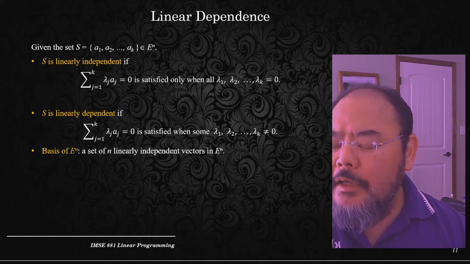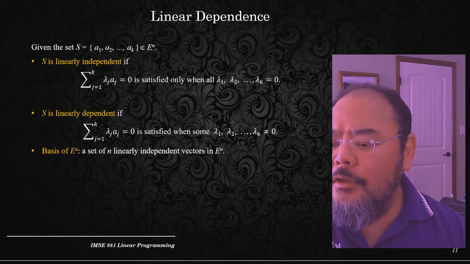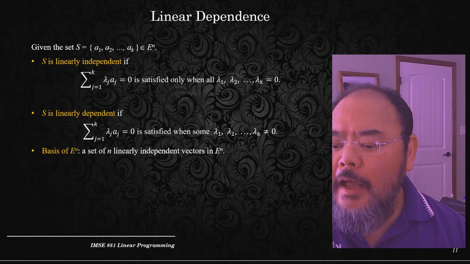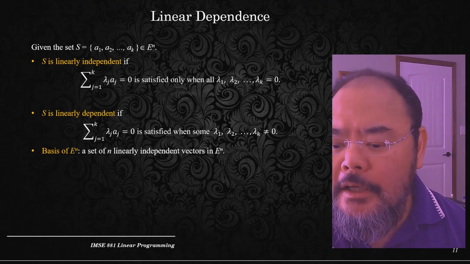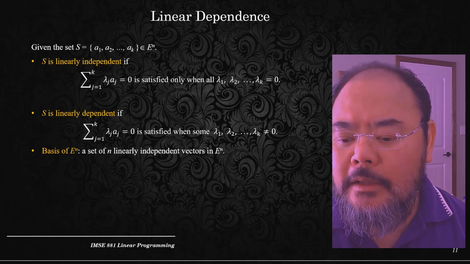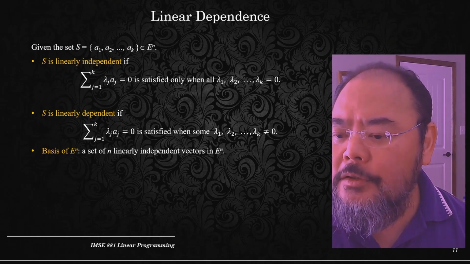So what is that supposed to mean? With these two definitions, we can formally say that a basis of n-dimensional Euclidean space is a set of n linearly independent vectors in n-dimensional Euclidean space, and we call it a basis of En.